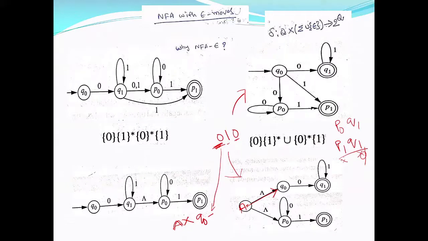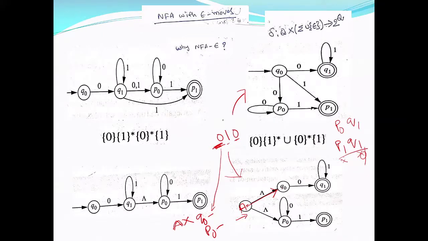Or you can start in A and take the input symbol, or from A don't take any input symbol and go to P0 and then take the next input symbol. So this NFA epsilon on 0 can start in A and take 0, or you go to Q0 and take the next input symbol, or you go to P0 and take the next input symbol.